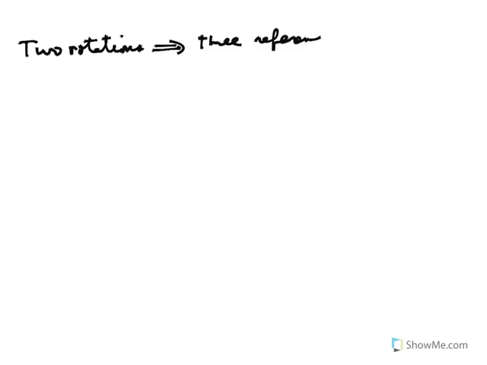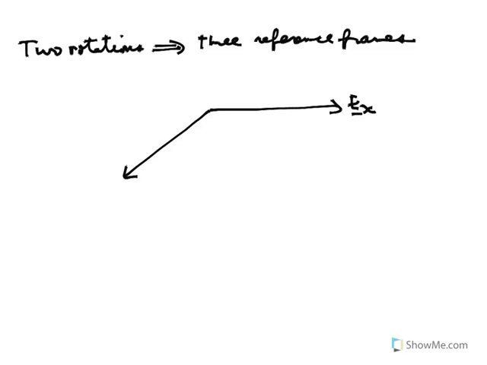Now let's think about how we're going to actually construct these reference frames. So let's draw this picture again so that we can look at these frames one at a time in a new diagram.